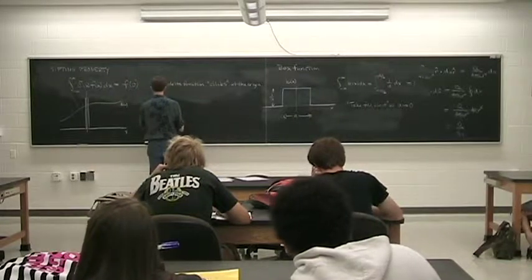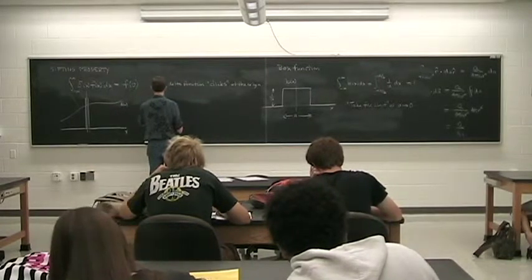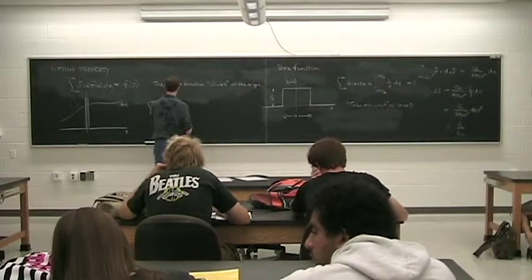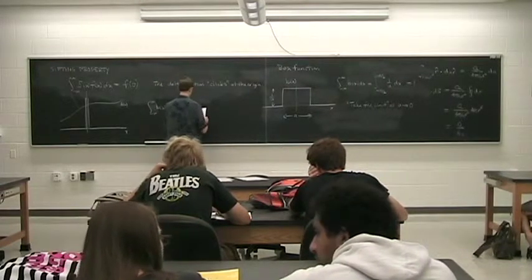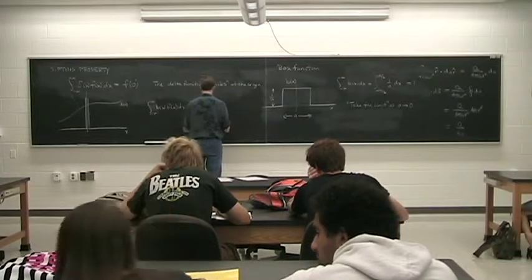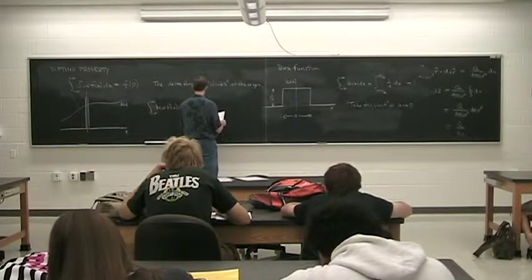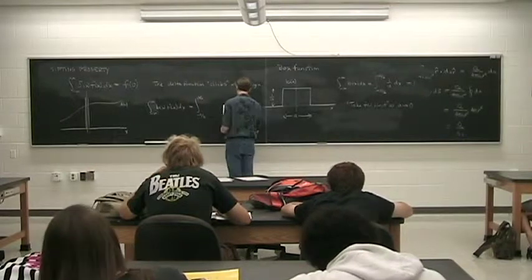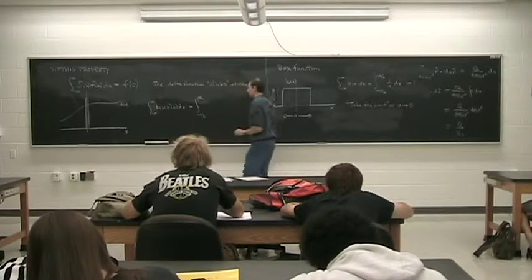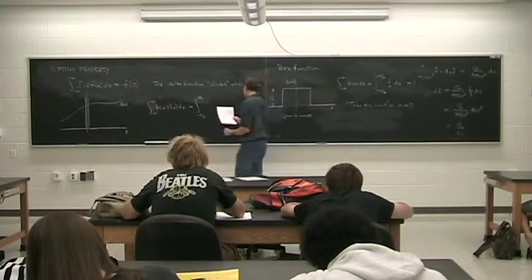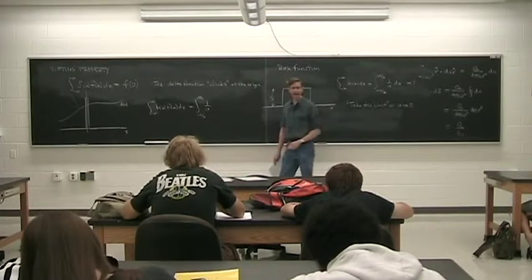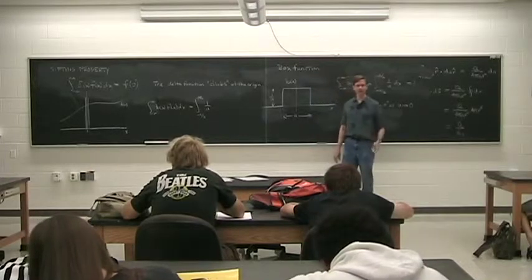And so if I do the integral from minus infinity to infinity of the box function of x times f of x dx, well, because the box function is 0 everywhere outside the interval from minus a over 2 to a over 2, I can just replace my limits with minus a over 2 and plus a over 2. The box function itself is equal to 1 over a in that interval, because that's how we define the box function.